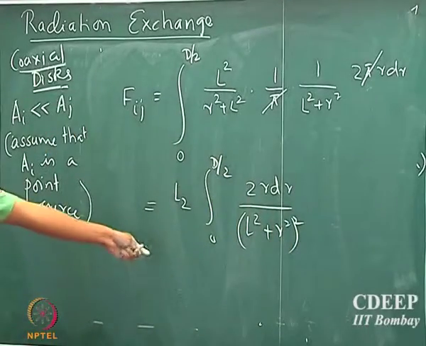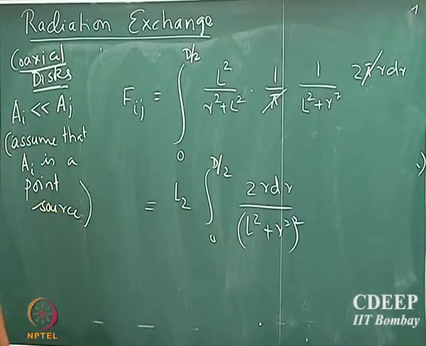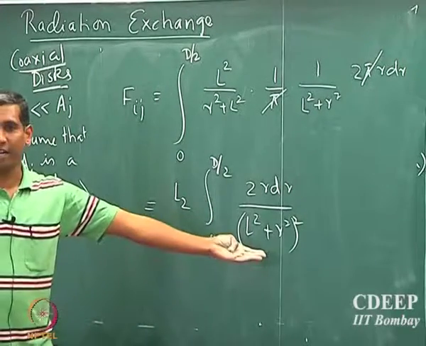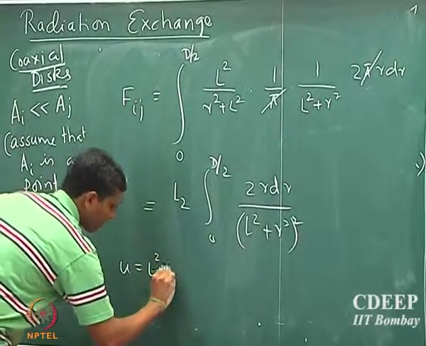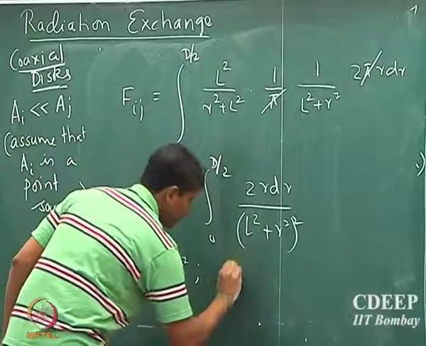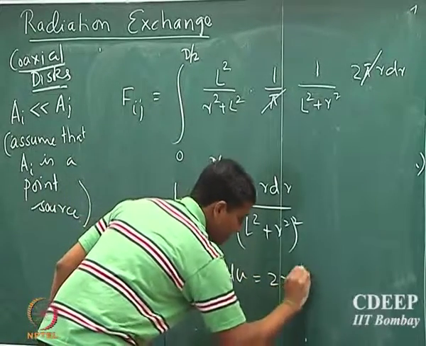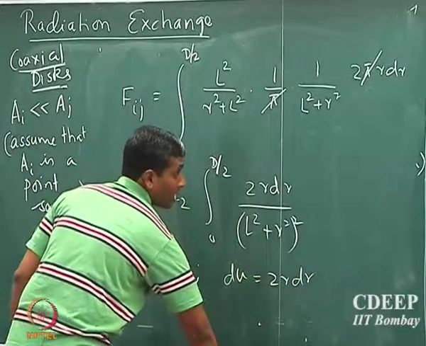How do we integrate this? You make a substitution, right? You say u is L square plus R square and du is 2r dr. So you plug in all this.